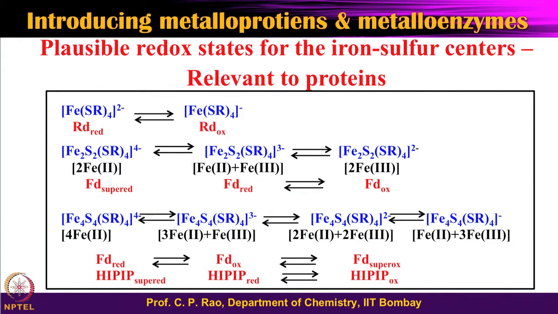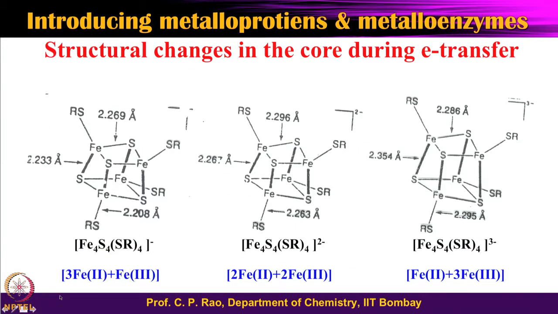Okay. So if we try to understand what happens, from small molecules it has been found the 3 iron 2 iron 3, 2 iron 2 2 iron 3, 1 iron 2 1 iron 3. When you look at the crystal structures from small molecules, this iron-sulfur distance versus thiolate distance, you go to this 2.233 becomes 2.267 becomes 2.354.